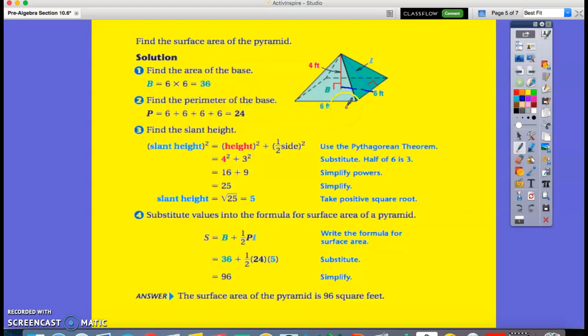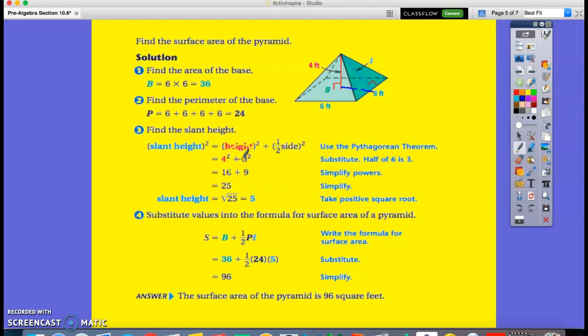And the perimeter of the base is 6 times 4, which is 24. Now we don't know the slant height. So to find the slant height, we have 4 given, and from the apex, the height of the pyramid goes to the center of the base. So this is the center. So this length will be half of 6, which is 3.